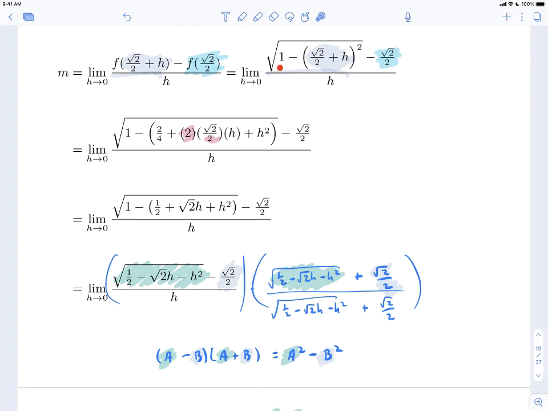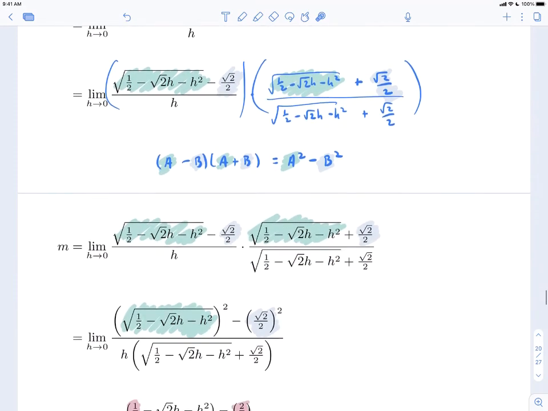And then you'll have 1 minus 1/2, but then you have the square root of that. And this is also the square root of 1/2 as we just saw. So you'll just end up with 0 over 0, and that's undefined.